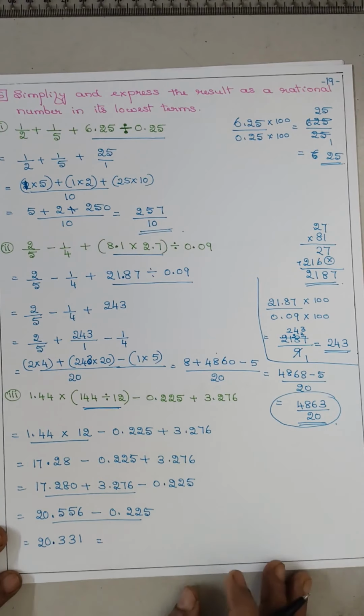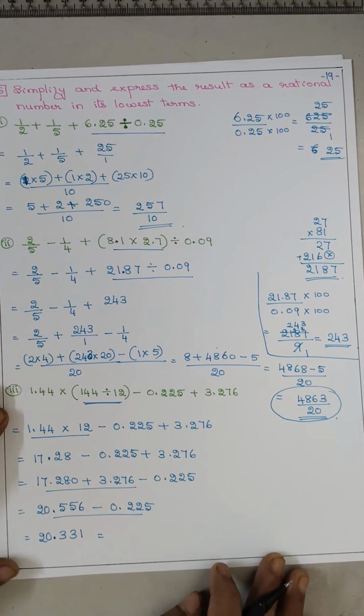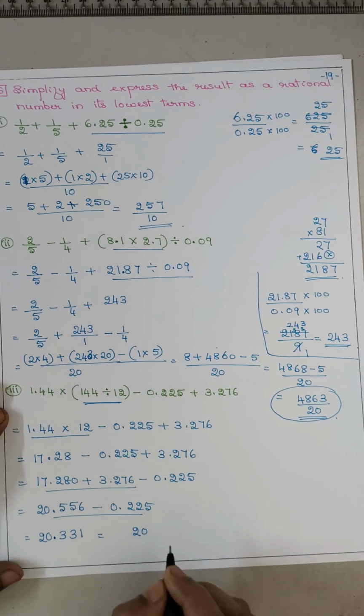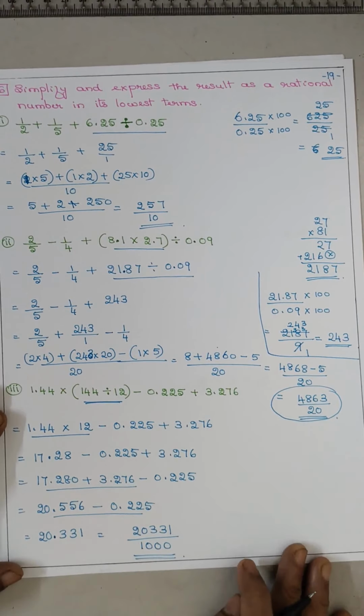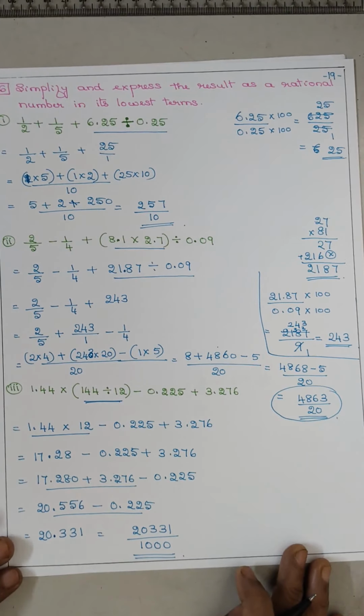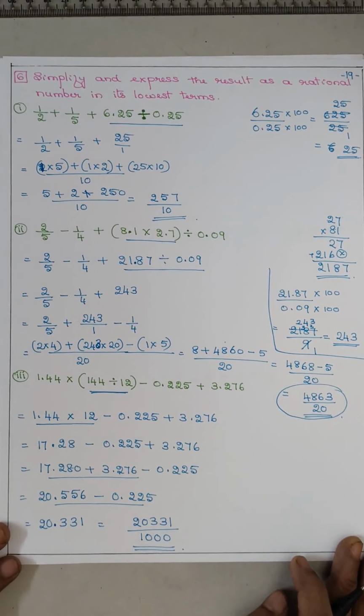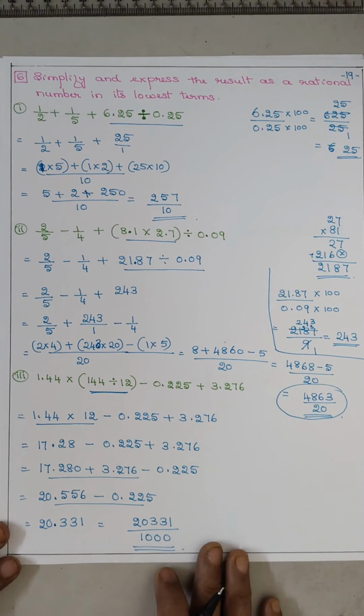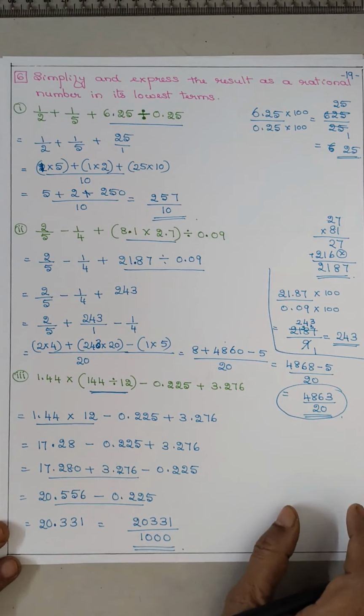But it is in the decimal. डेसिमल को कैसे कन्वर्ट करने का है? 2331 अपॉन 3 डेसिमल. इसके लिए 1000. This is the final. This cannot be simplified. This is the lowest form. Understood? Remember to convert into the P by Q form.